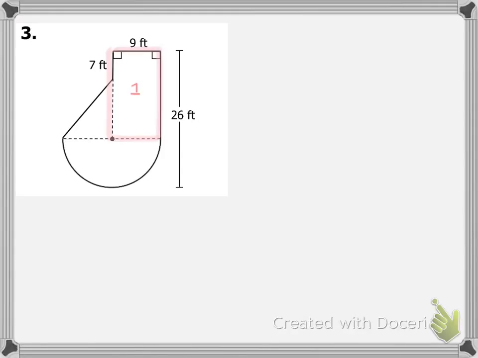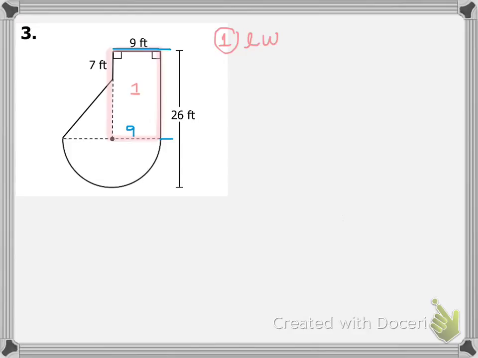So for a rectangle, I need to know my length and my width, right? Well, I know my width is 9 feet. So now I need to find the length, this distance from here to here. Well, this distance up top is 9 feet.